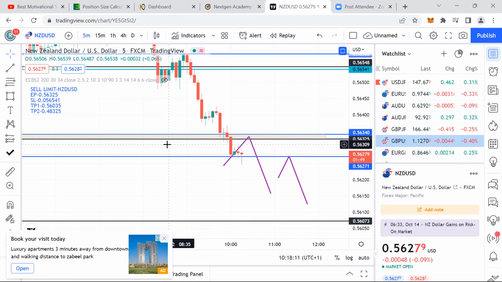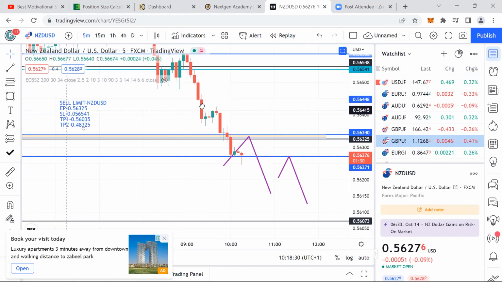So when it takes you into the market, you can put the phone down and continue with your work. Let the trade do its thing. Is everything clear?